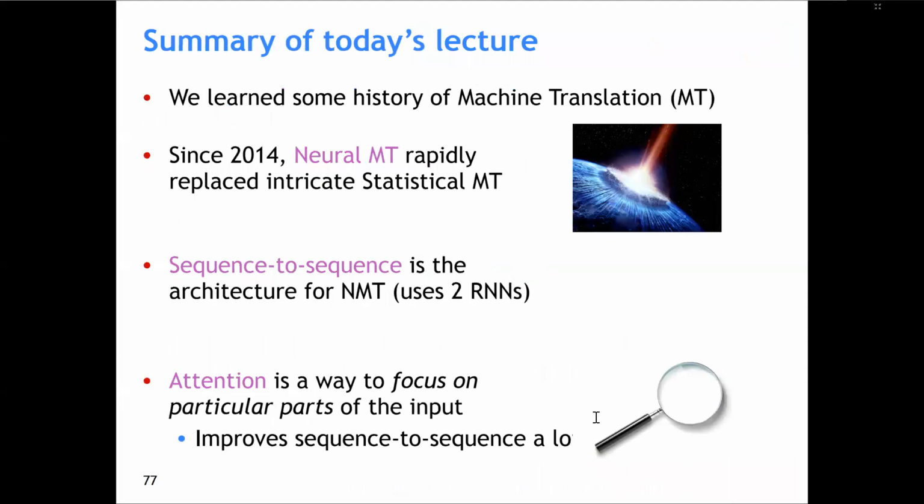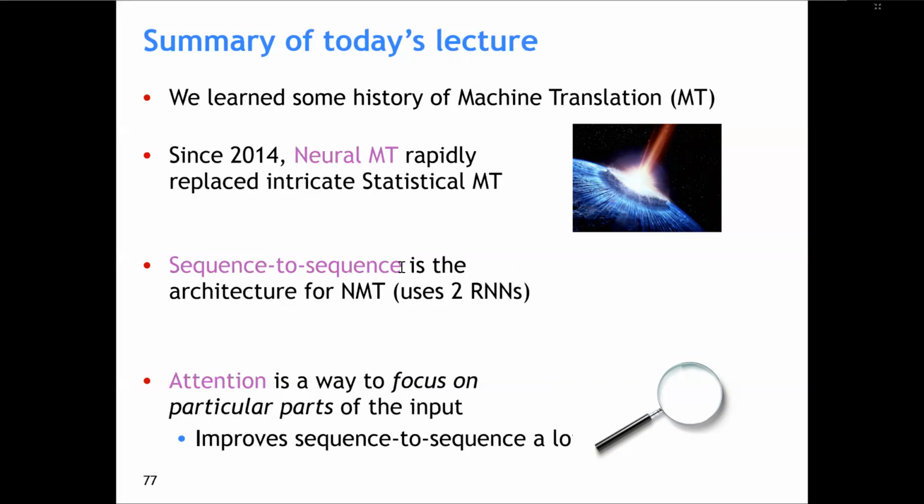Okay, so that is the summary of today's lecture. Basically, we learned a little bit about the history of machine translation, from phrase-based statistical modeling to neural translation, which rapidly replaced the original statistical ones. And we introduced the sequence-to-sequence model.